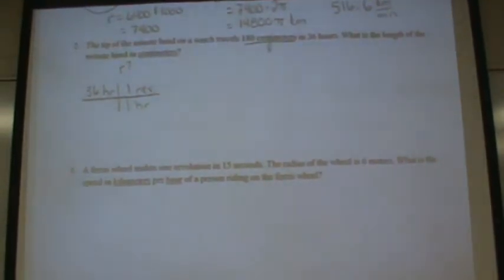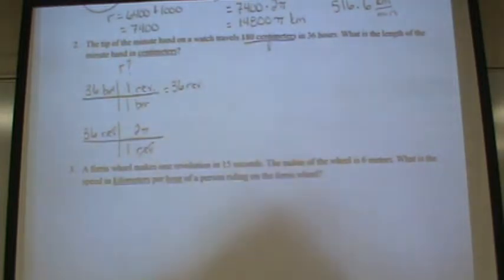So if we think about this again, it's taken 36 hours to travel this far. And if we want to get our hours into revolutions, we know that for every 1 hour, we have 1 revolution, because this time we're looking at the minute hand. So for every hour, or 60 minutes, we complete a revolution of the minute hand. So we have 36 revolutions.